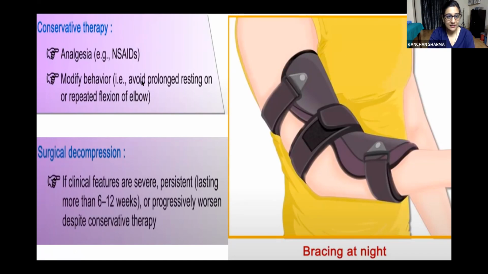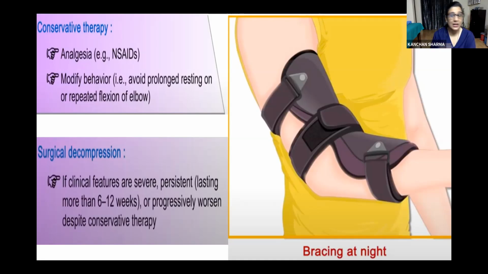And in the initial stage, give what I have told you: rest, ask the patient not to go for activities which aggravate the pain, and give some NSAIDs. And if the patient is not improving with that, go for an intervention. But when to send the patient for surgery: irrespective of everything, you should wait 6 to 12 weeks.